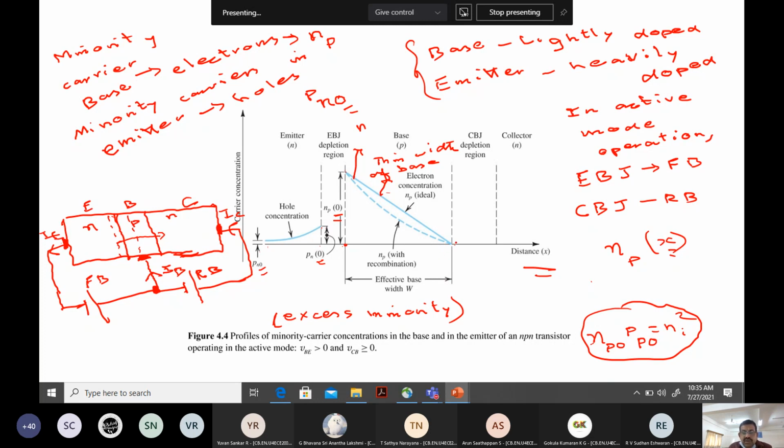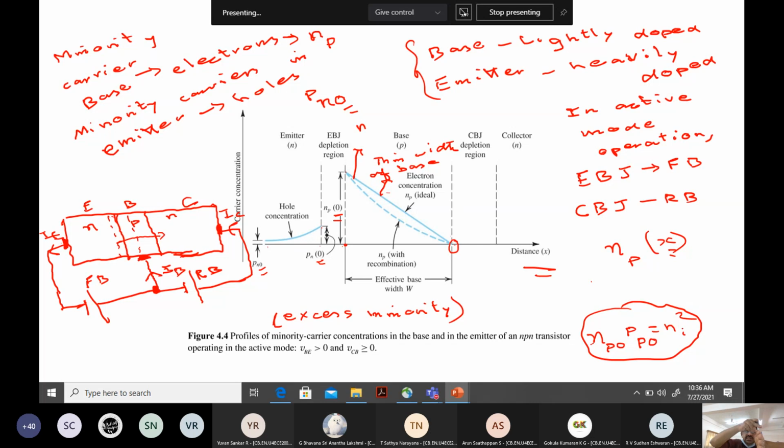Now, one more thing over here at this place, this is talking about the excess carrier concentration, not about the intrinsic concentration, but excess carrier concentration when I made that statement. Whatever, once the electrons reach the edge of the, so this is my, let us say this is my emitter, this is my base, this is my collector.